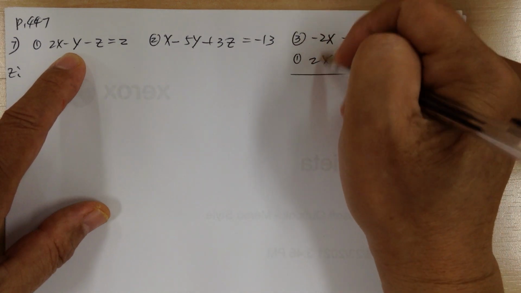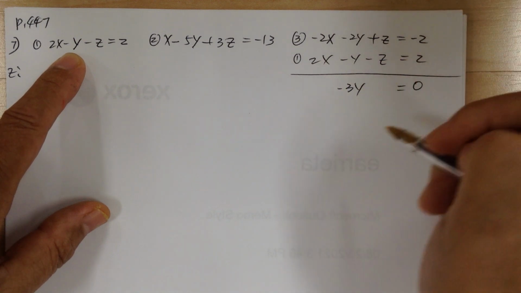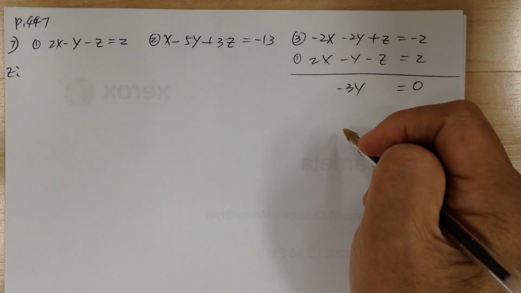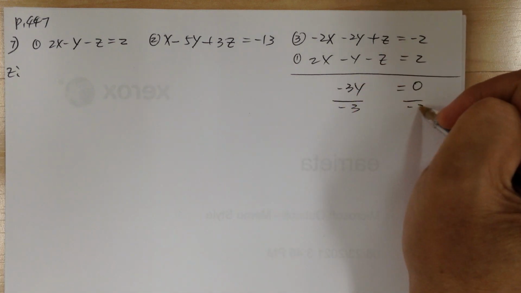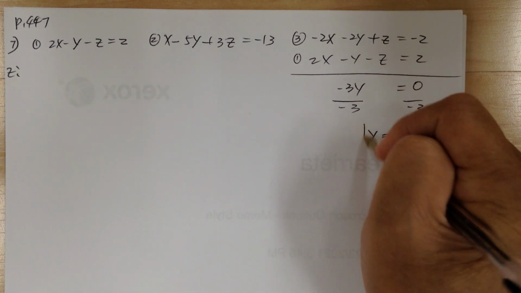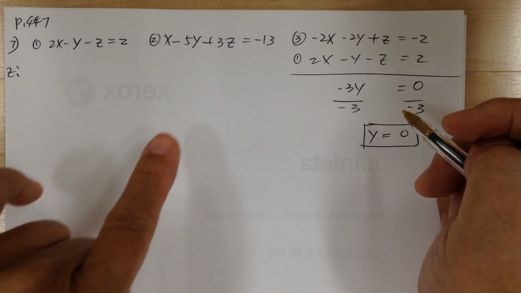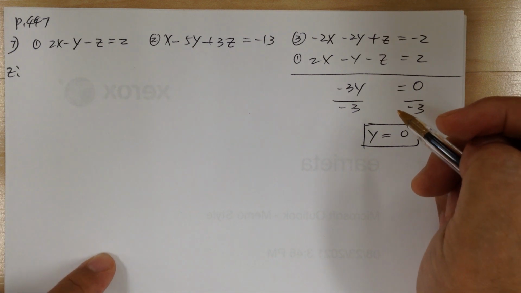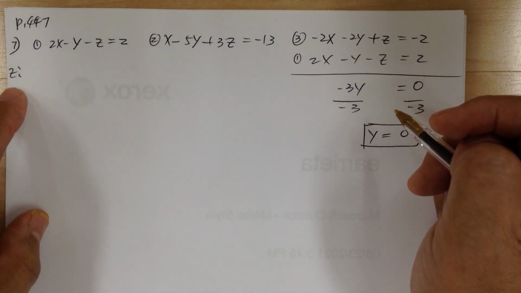So when I add, this cancels out, so I get negative 3y, this cancels out, equal to 0. Wow, okay, so actually it works out pretty good, okay? So divide by negative 3, divide by negative 3, so y equal to 0. Okay, so that's kind of nice, but you still have to go through the process, okay? So I'm going to use, again, we try to do the z first, right?